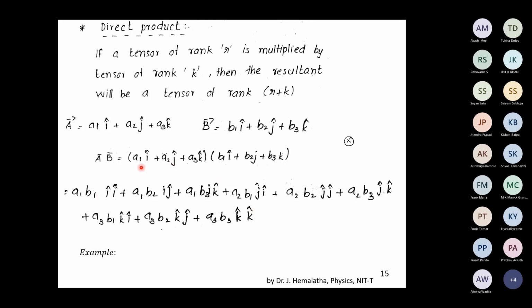A1 B1, i cap into i cap, so A1 B1 i cap, you just simply write without putting any dot or cross between. And A1 B2, i and j, plus A1 B3, i and k. Likewise, you take all the 9 components you get. This is direct product. This is possible with the tensor.